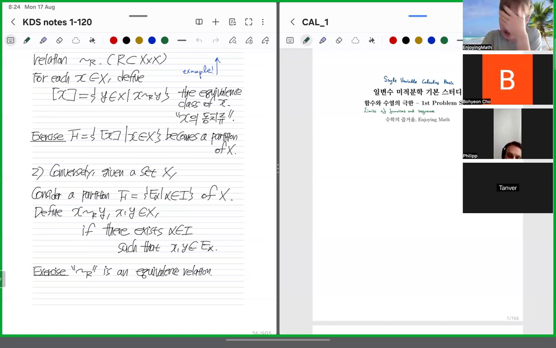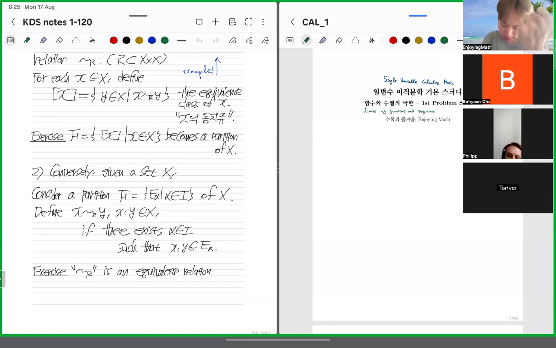Yeah, thank you. So the definition of relation was a subset of Cartesian products. So any subset of the Cartesian product of two sets is a relation. Please stop me if there's something imprecise, but that was the definition of relation I remember. And an equivalence relation fulfills three criteria among the relations.